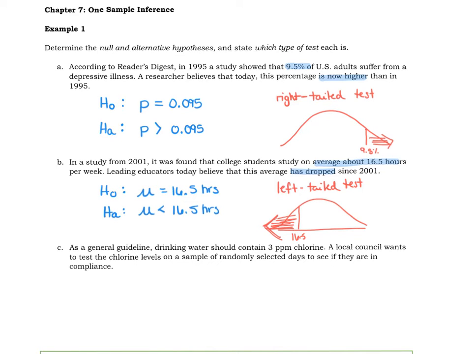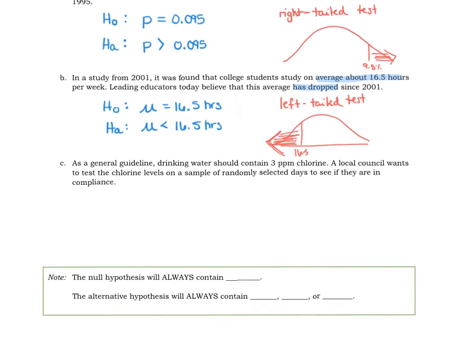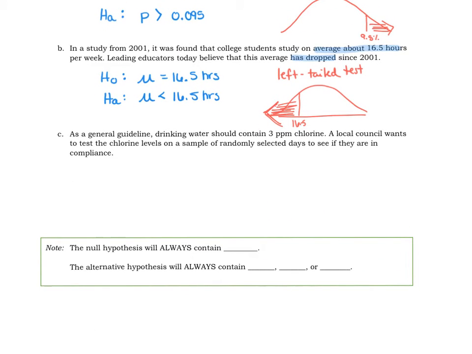All right, next one. As a general guideline, drinking water should contain 3 parts per million of chlorine. A local council wants to test the chlorine levels on a sample of randomly selected days to see if they are in compliance. The null hypothesis is that the average, and again this is an average, not a proportion, there's no percentage there, the mean is 3 parts per million.